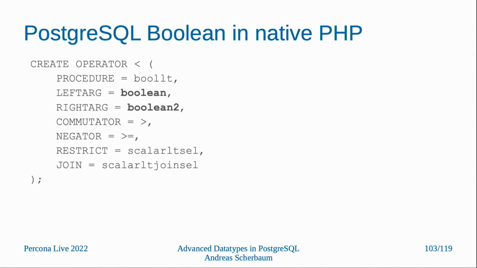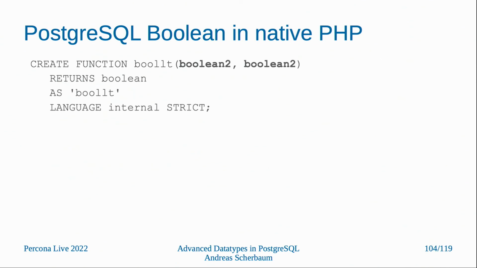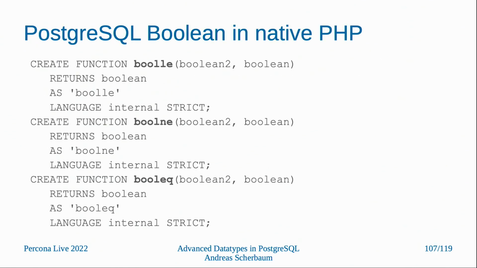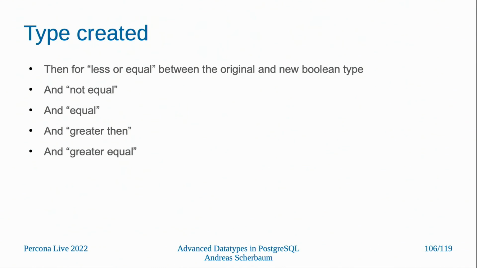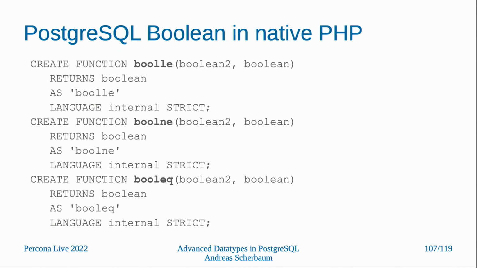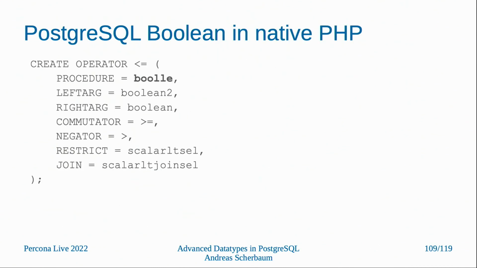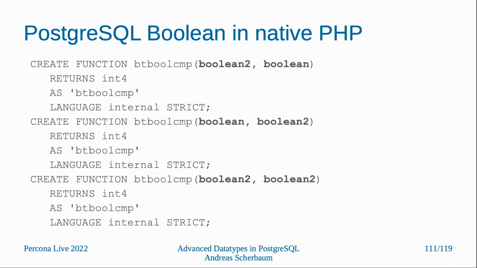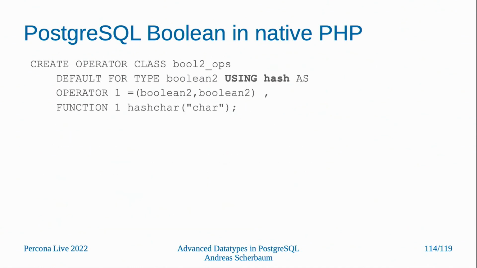It's a very long list of things where you just have to make sure that your new and your old type are actually in the right order. Need a little bit more for equal and not equal. About 20 functions and operators later, we had a type with all the functionality we need.